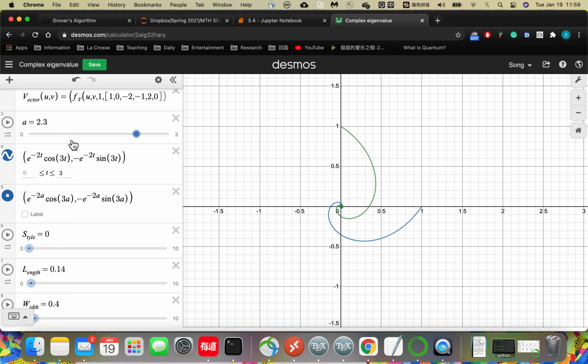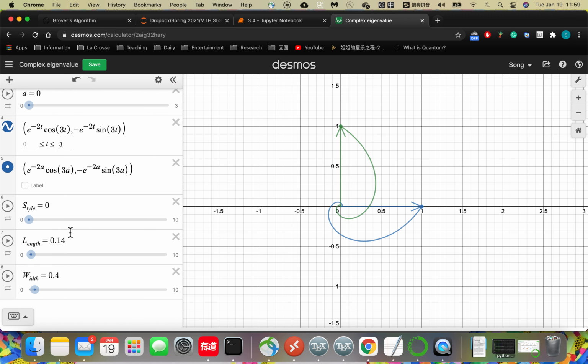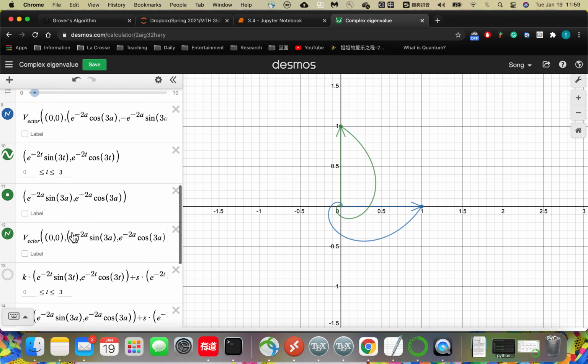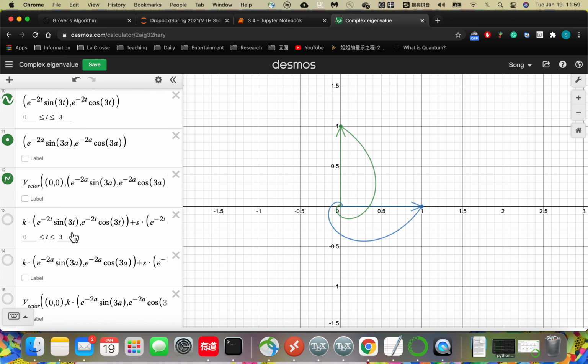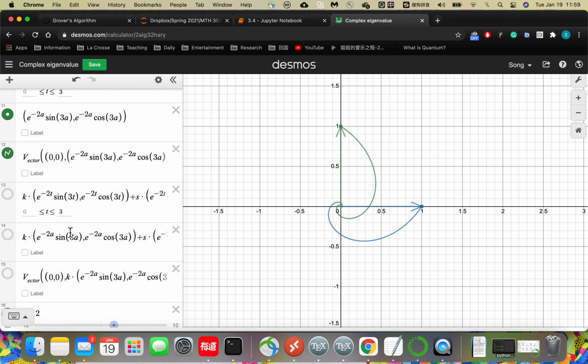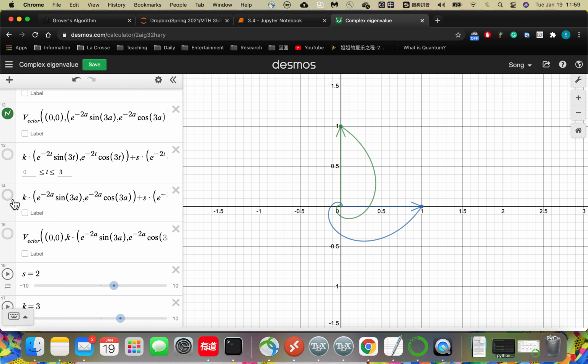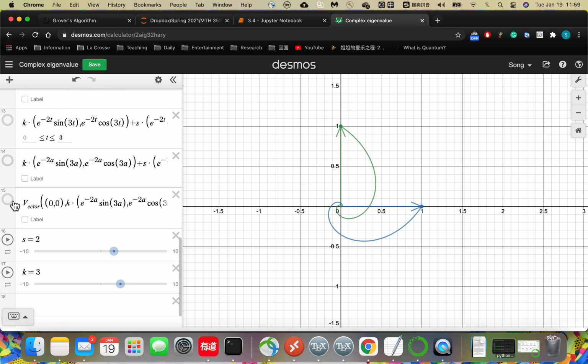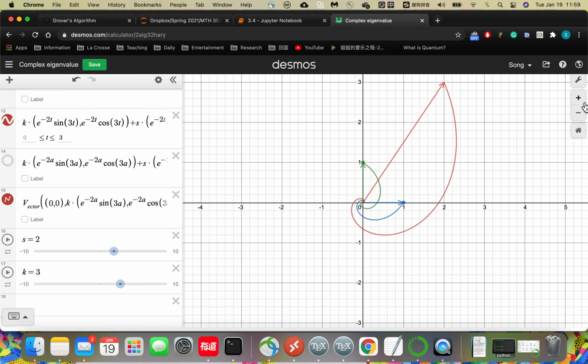All right. So finally, what about the general solution? Well, a general solution will be a linear combination of these two, where our k and s can be anything. So we simply take the sum of these two after we multiply them with a constant. The trajectory is going to be a linear combination of both. What I use is 2 times the blue plus 3 times the green.